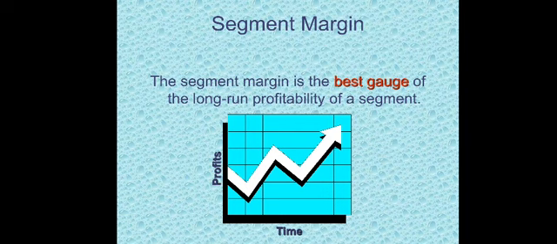You cannot see the performance of the frozen cake segment, and also you cannot see the performance of the curry puff segment. So to know the performance of these two segments, you have to prepare the segmental reporting or the income statement for several segments of the business.